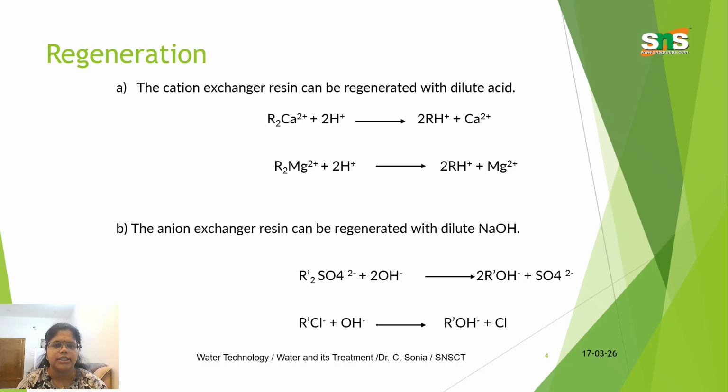Regeneration process: the cation exchanger resin can be regenerated with dilute acid. After a certain period of exchange, the resin will get exhausted. In that case, the regeneration is done for the cation exchanger with the help of dilute acid, and for the anion exchanger with the help of dilute alkali.